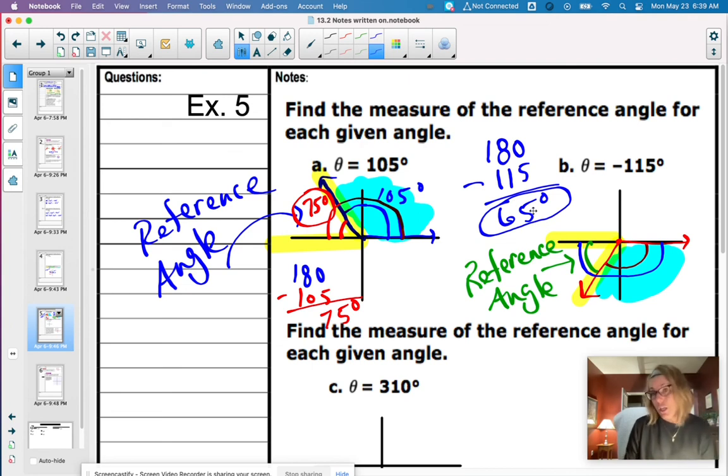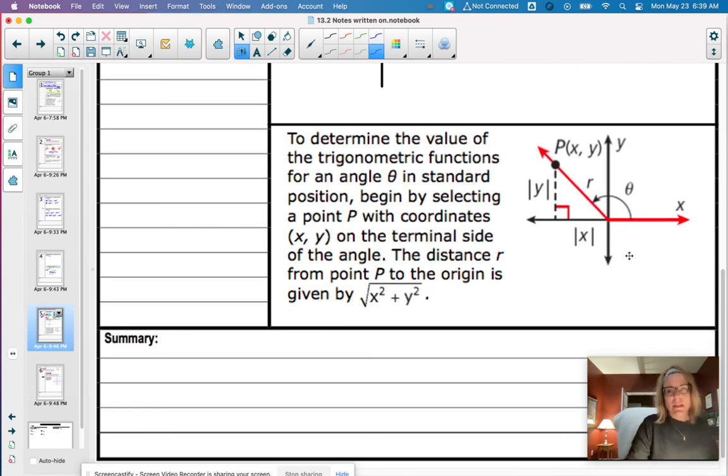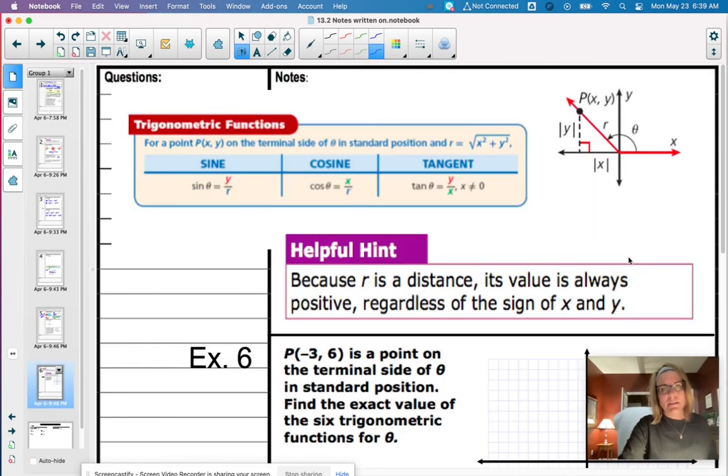So that is acute. So it's less than 90. It is positive, and that is our reference angle. So when we're finding our reference angle and you're doing the subtraction, you don't worry about the negative. The negative only tells you how to draw your angle. Negative there means I'm traveling down. And part C we will save for class. And this next part we're going to be doing in class.